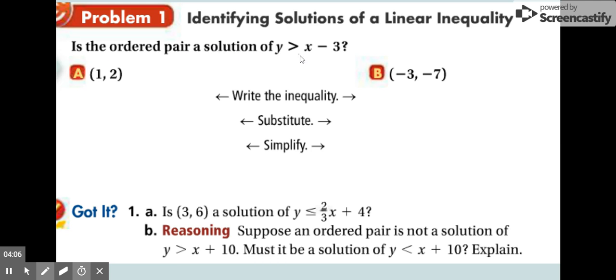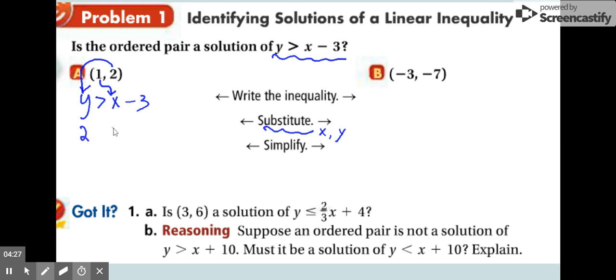Is the ordered pair a solution of y is greater than x minus 3? It's the same inequality. So now let's see if (1, 2) is going to be a solution. I'm going to write the inequality, y greater than x minus 3, and then substitute x and y. 1 goes to x, and 2 goes to y.